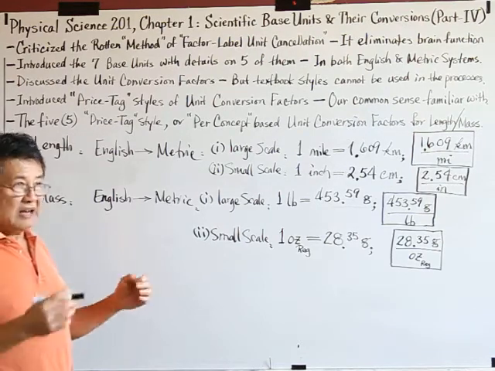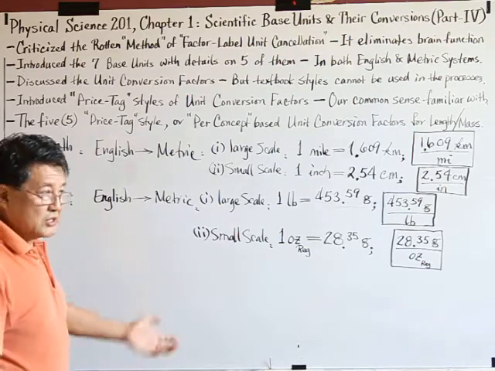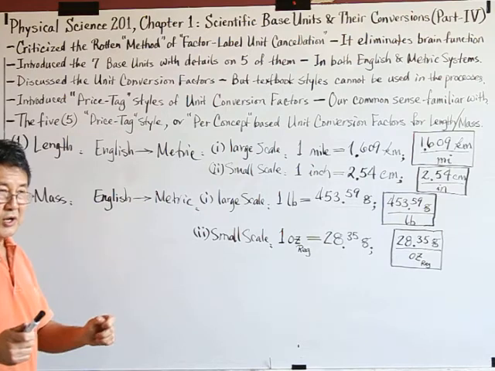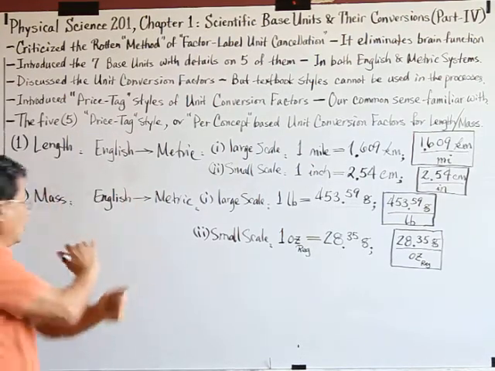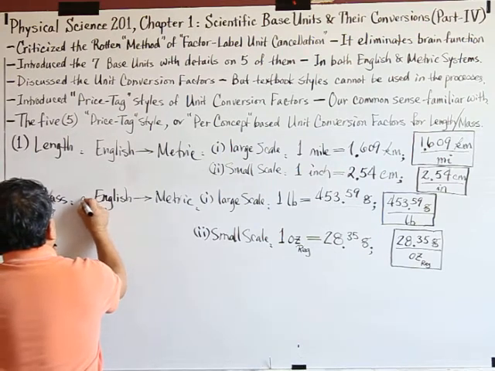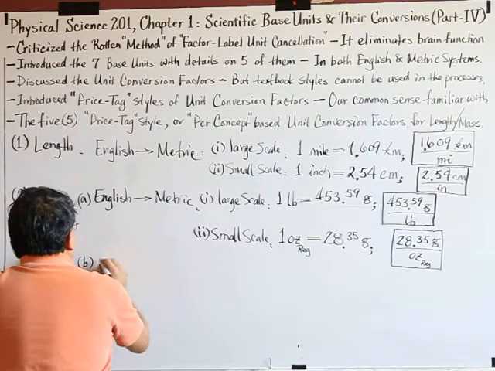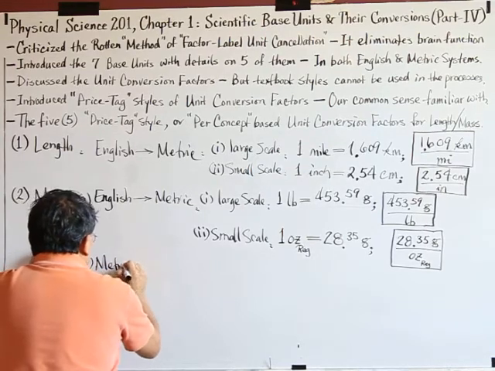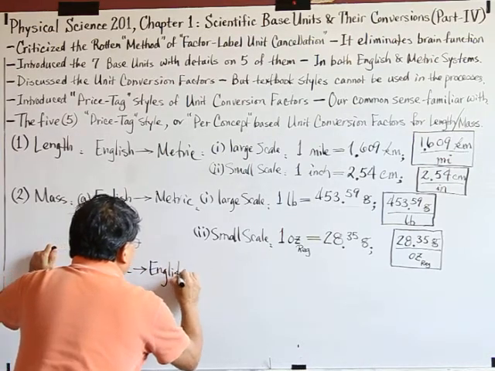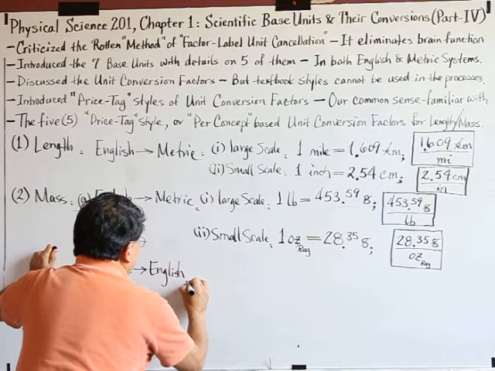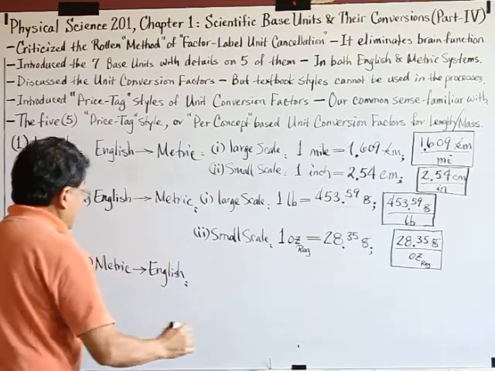So we may have to list this as one important conversion factor for you to memorize, which is going to reverse the order. So, they say A, and then say B, right? B is from metric to English. All right. Now this time is going to be the large scale, not small scale, but only one.